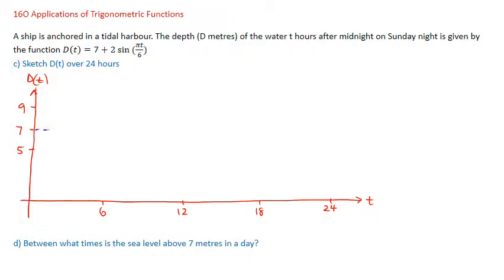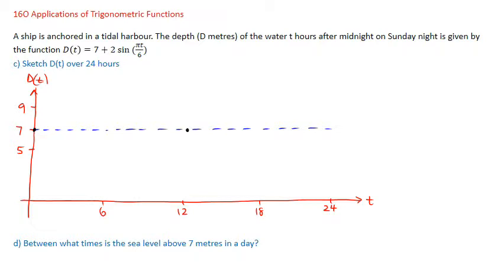Okay, so we know that it's going to go around this line. This is the middle line of the graph, and it's going to oscillate up between 5 and 9. One whole period is between 0 and 12, so it's going to start here and finish here.